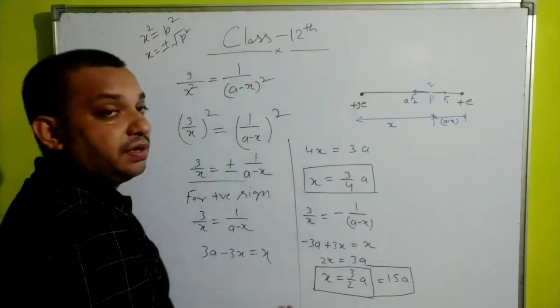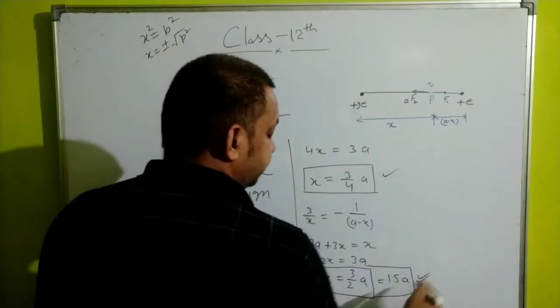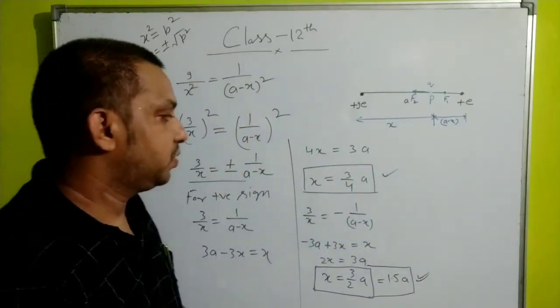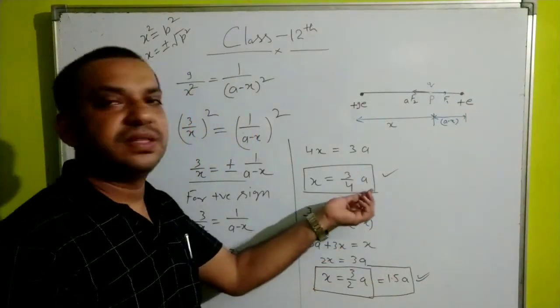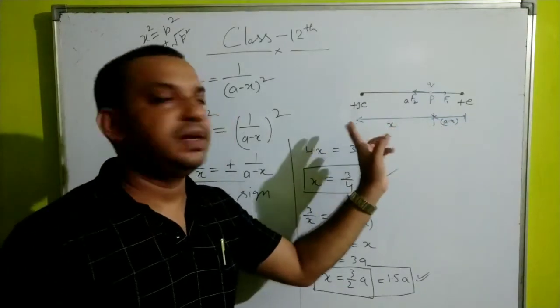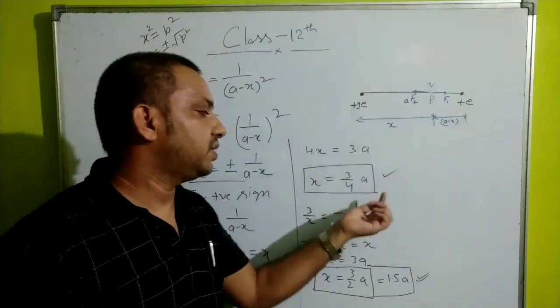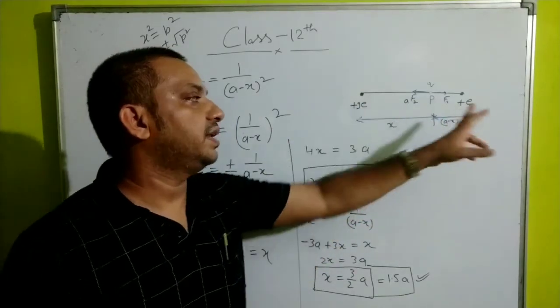Now check the practical feasibility of both the answers. This first answer and this second answer. Just check it. x is equal to 3 by 4 a means 0.75a. That means this value is lesser than a. That means the point P will lie in between this plus 9e and plus e. So this answer is possible because this x value is in between plus 9e and plus e.